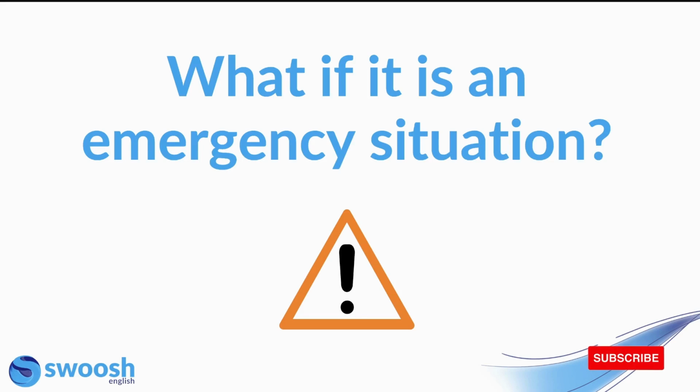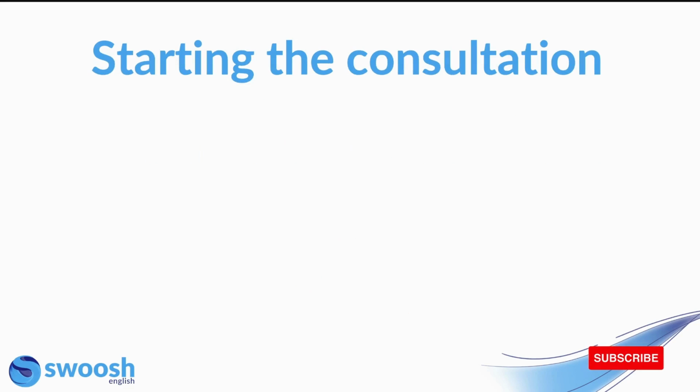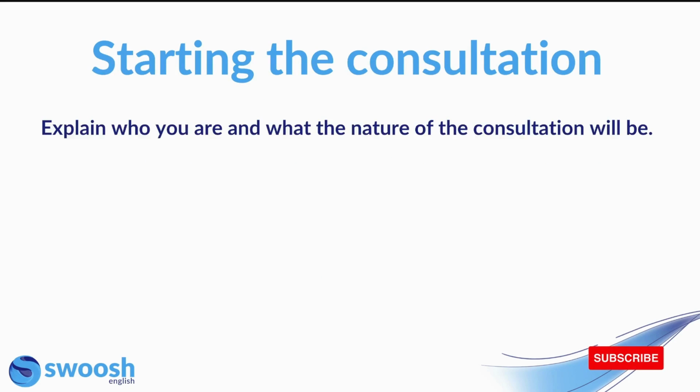So make sure that you're aware if it is an emergency situation, you're not doing a very long, hello, my name is Grace, I'm here today to talk to you about your son. You want to keep it brief and to the point and then get started with the consultation, as that will be more important.